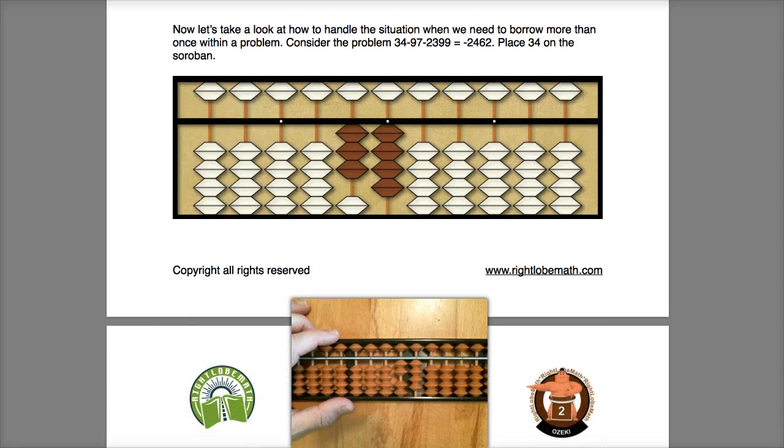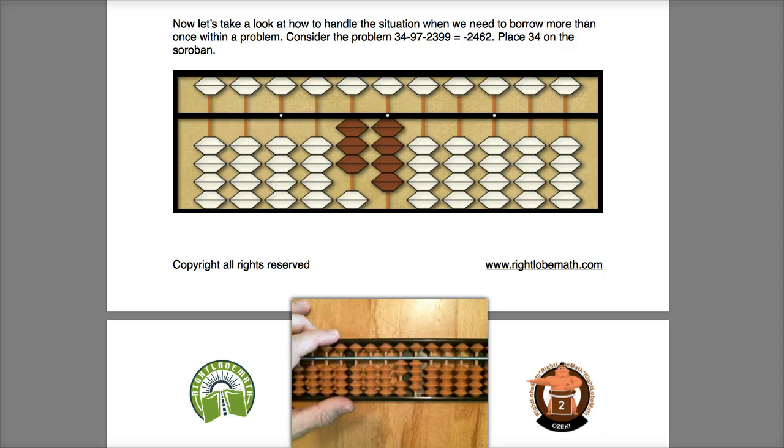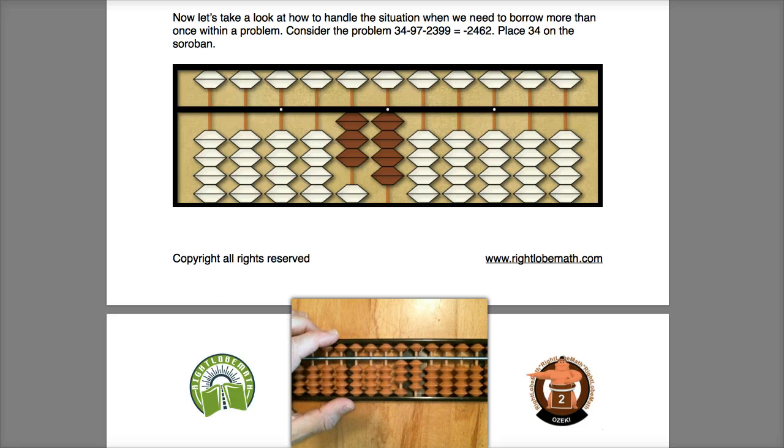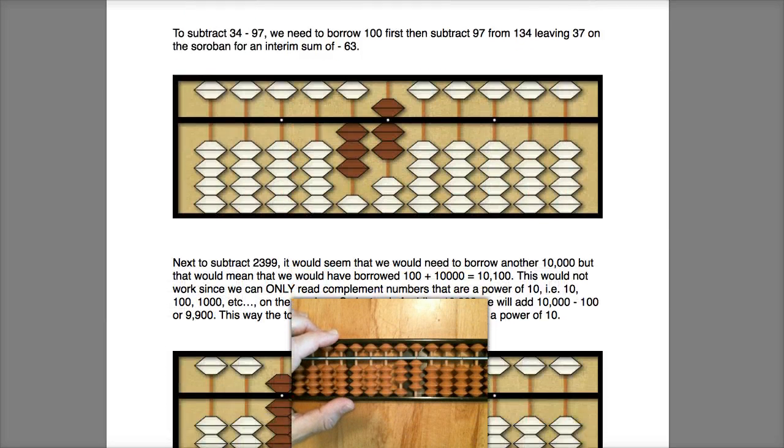Okay, let's take a look at the situation where we might have to borrow more than once within a problem. So let's consider the problem 34 minus 97 minus 2,399. Okay, so putting 34 on the soroban, the next thing we want to do is subtract 97.